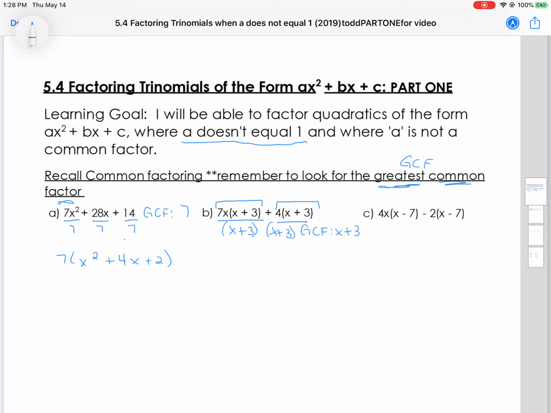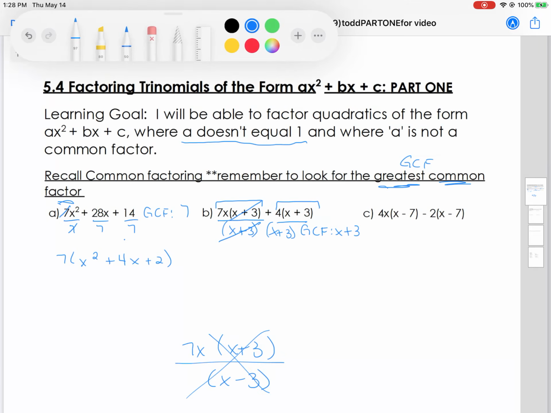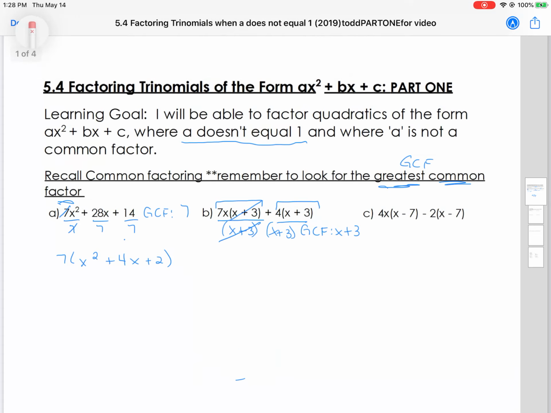Similar to A, where the 7 cancels out, if you have a binomial with a plus or a minus in it, like x plus 3, then you can cancel out or divide a binomial that's exactly the same. So x plus 3 divided by x plus 3 will cancel out. If it was x plus 3 over x minus 3, that is not the same, and that's not what we're talking about. Don't even write that down, okay? It has to be exactly the same.